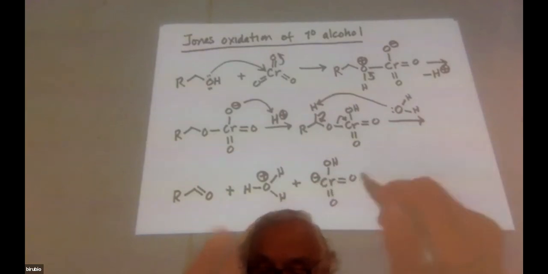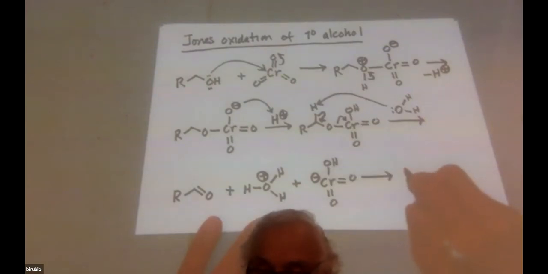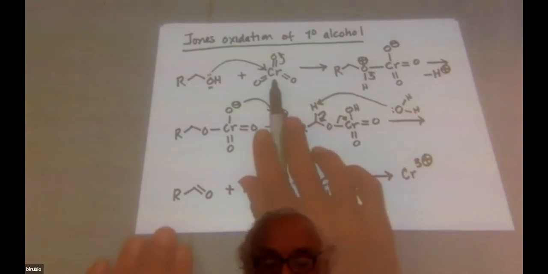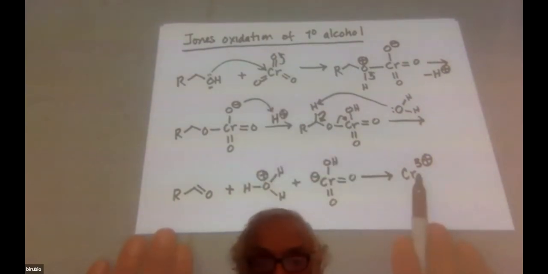This guy here, by a very complicated mechanism that we're not going to get into, eventually turns into chromium 3+. So the alcohol got oxidized, the chromium got reduced. It went from chromium +6 to chromium +3.